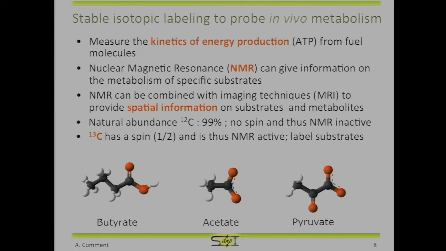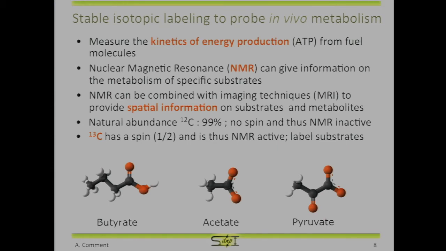The only problem is that carbon is 99% carbon-12 with no spin, so it's NMR inactive and you won't see it. Carbon-13, however, has a spin 1/2, which is the one we like in NMR. I won't tell you why, but keep that in mind.